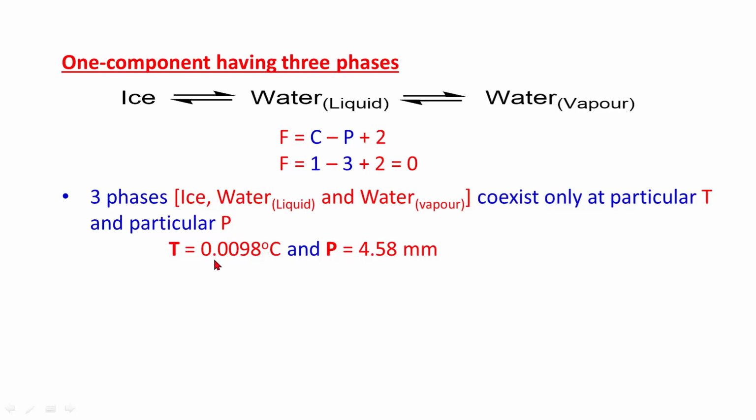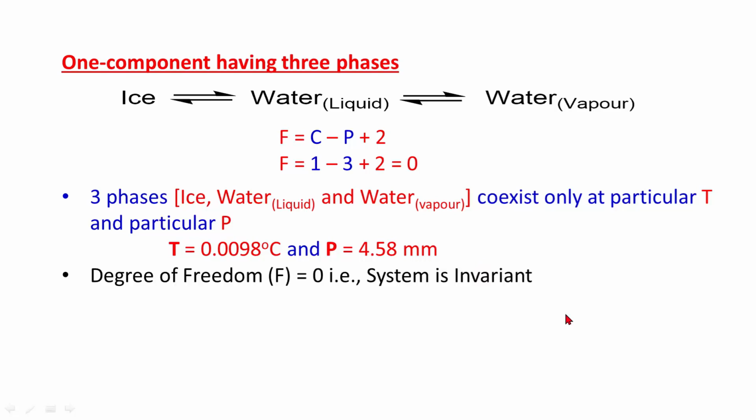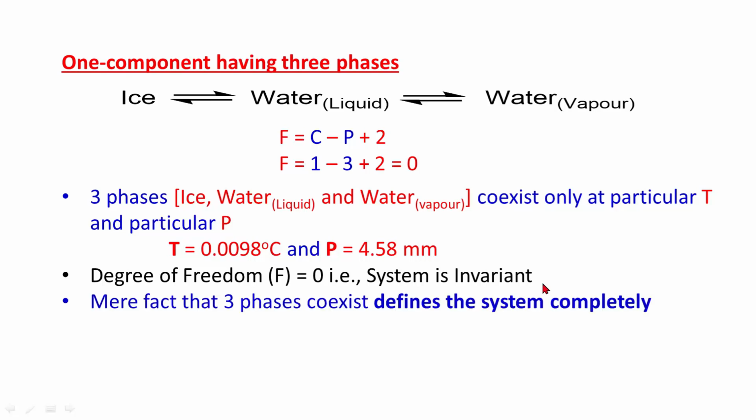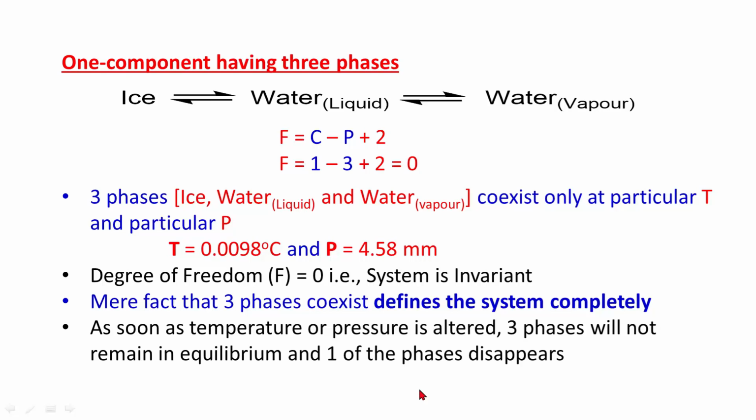Temperature is 0.0098 degrees centigrade and pressure is 4.58 mm. Degree of freedom F is equal to 0, that is, system is invariant. Mere fact that three phases coexist define the system completely. As soon as temperature or pressure is altered, three phases will no longer remain in equilibrium and one of the phases will disappear.